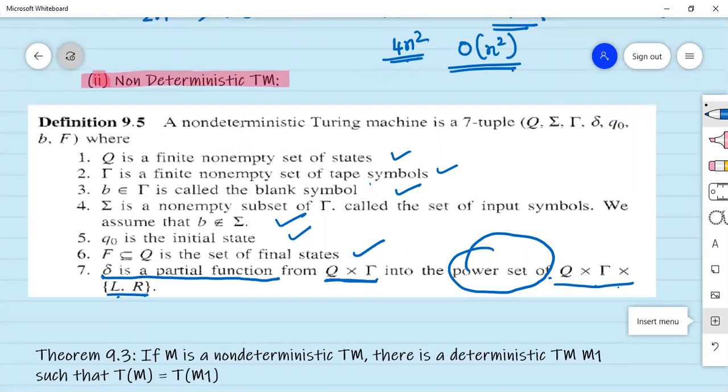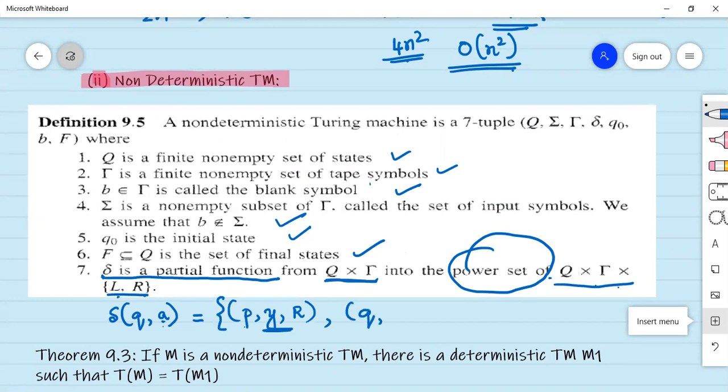From the NDFSM, you know that is the definition, isn't it? So what I am trying to tell here is, when you are in some state Q and on seeing a symbol A, usually for a Turing machine, you go to some state P, you might replace A by Y and you will either move right or left. But now instead of having one such transition, I might have multiple transitions.